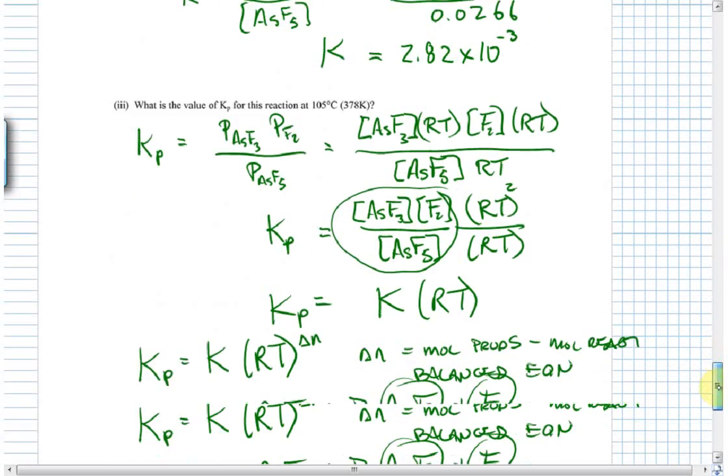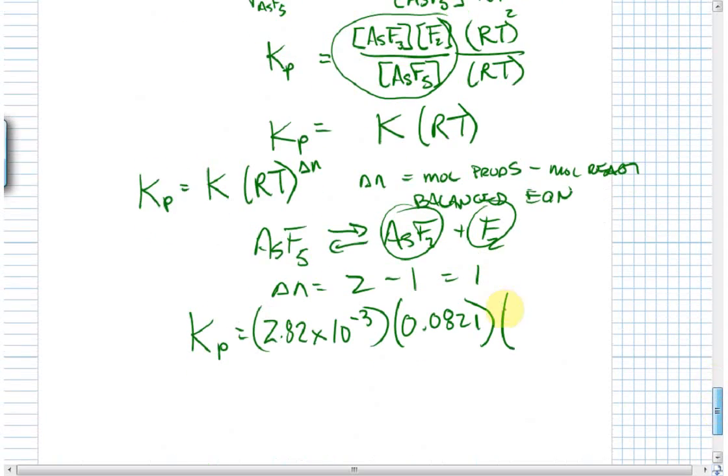Again, got to be in Kelvin. Forgot what it was, 378. Okay, bingo. So the K sub P for this reaction is equal to 0.0875. All right, there we go.